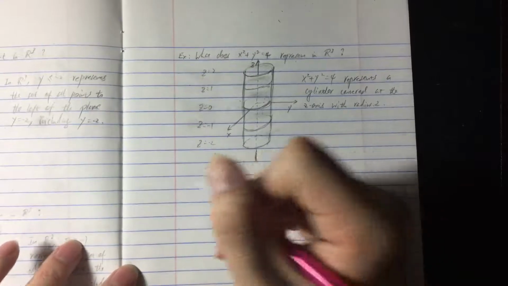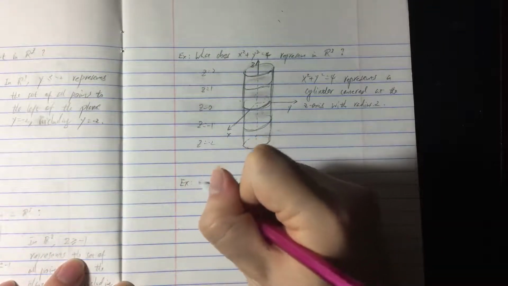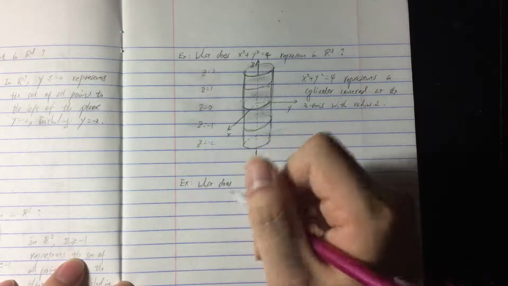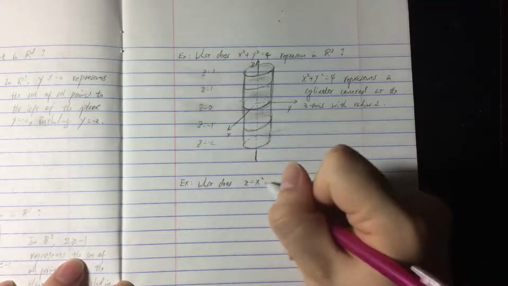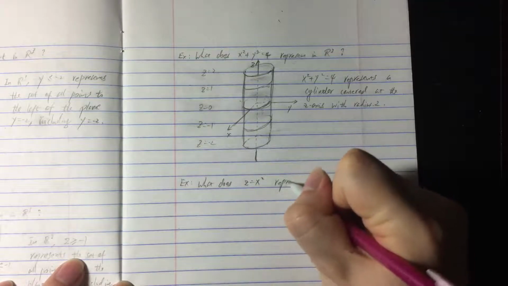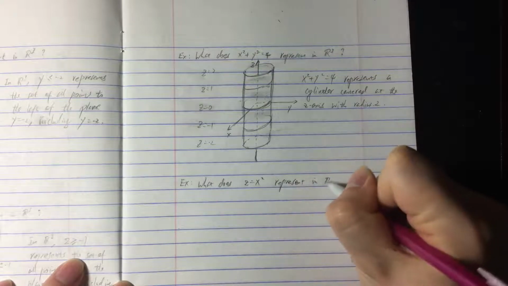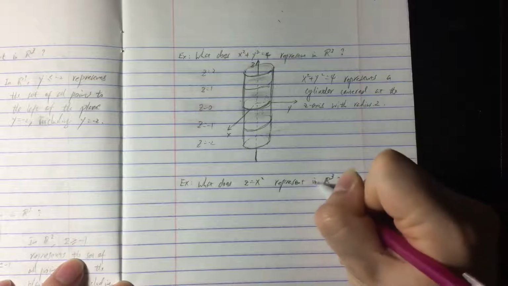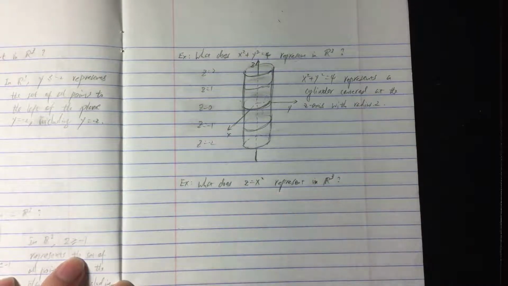Next example. What does the equation z equal to x squared represent in R3?